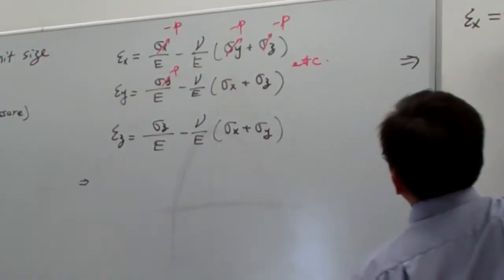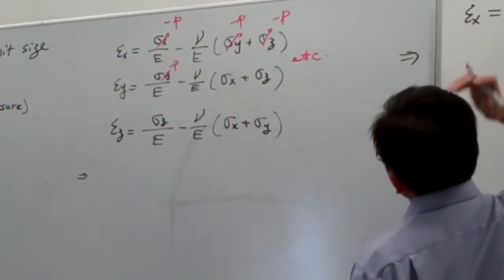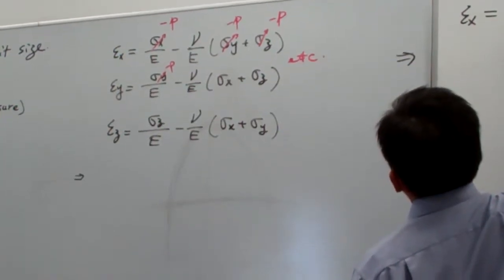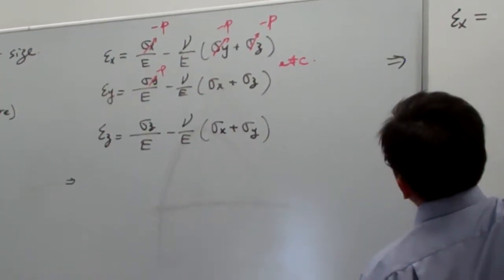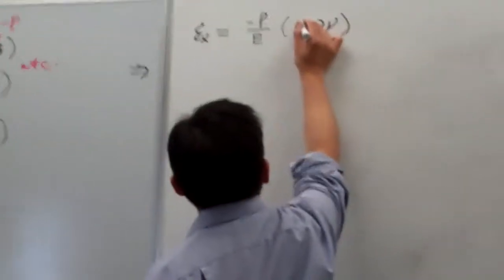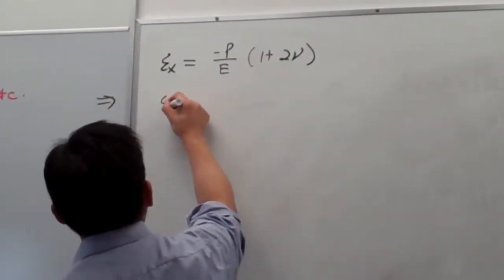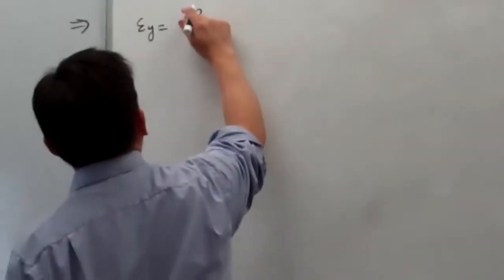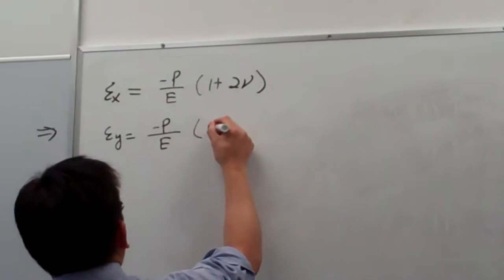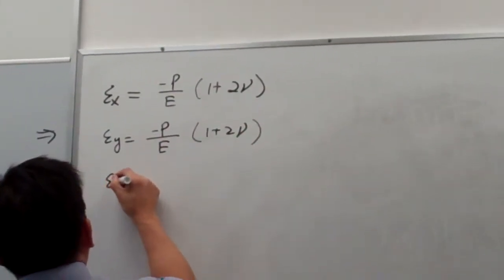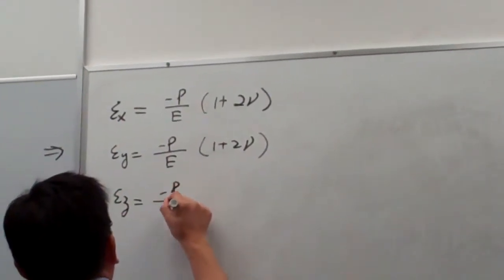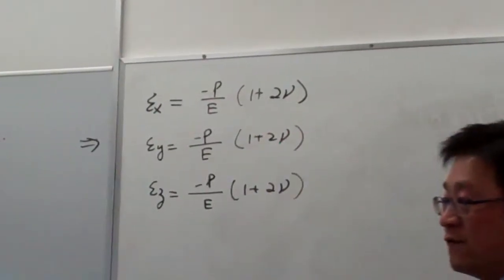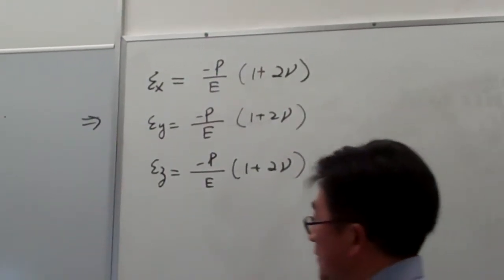This one will be equal to minus P over E times 1 minus 2 nu. Very straightforward substitutions.